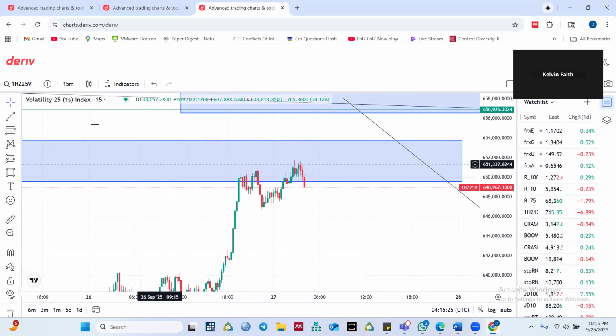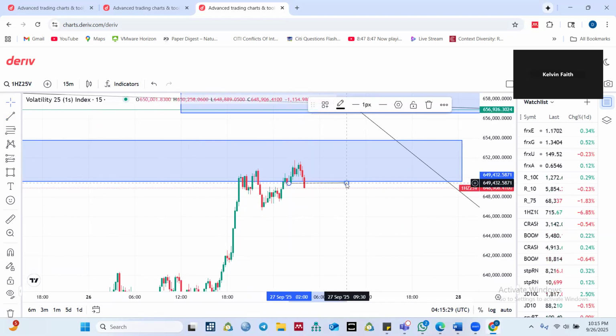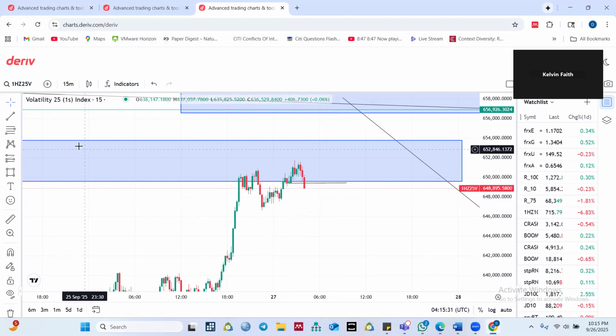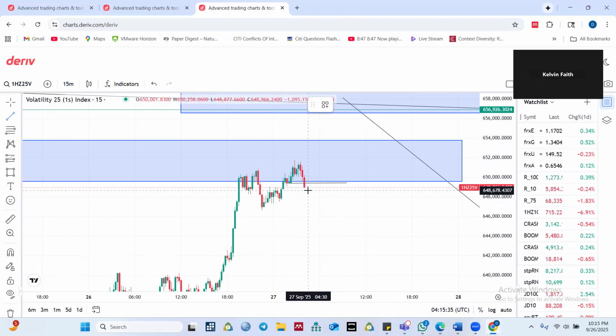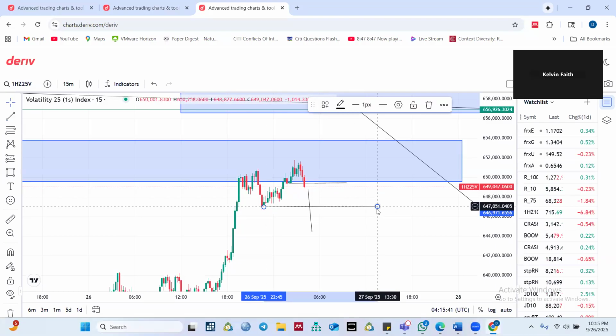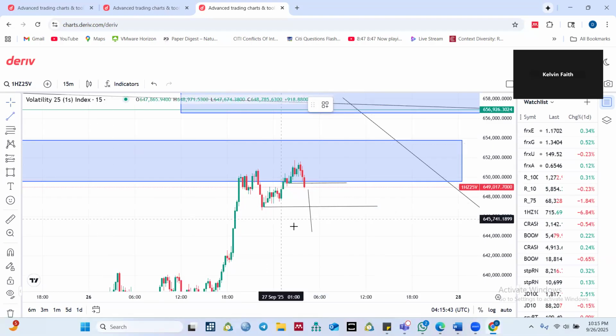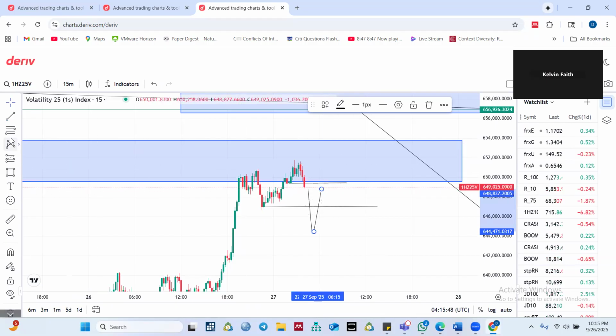We will only sell if price is breaking structure here. So we'll only sell if it succeeds giving us an external break, which is breaking this area or closing here, and then pulling back into this range.